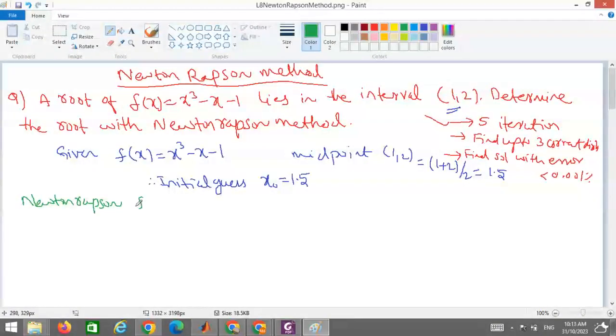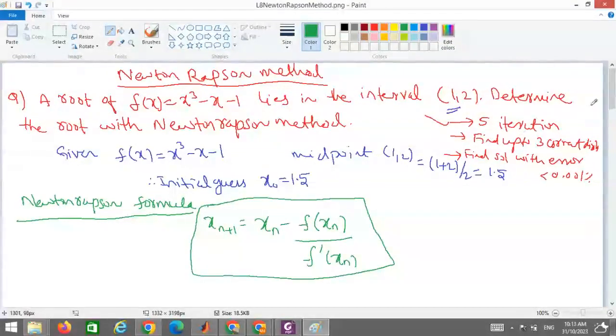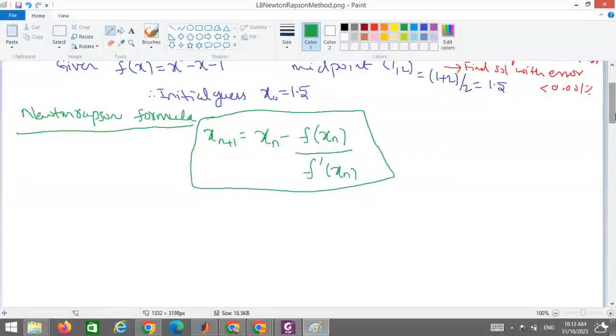You can find the n plus 1th root if you know the previous iteration's root, minus the function that has been given, f of x, divided by the first derivative of the function, f dash of x of n. This is the formula for the Newton-Raphson method.